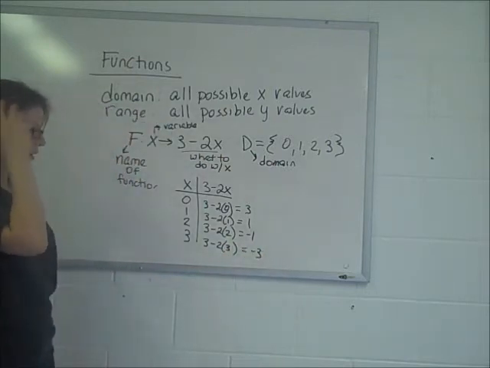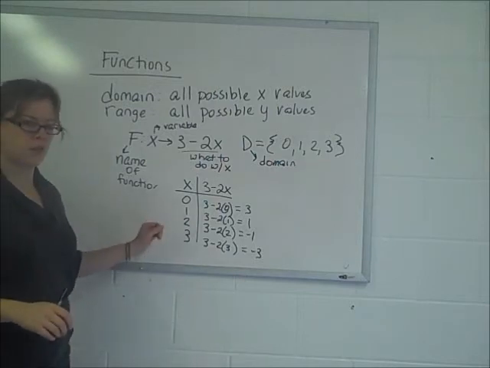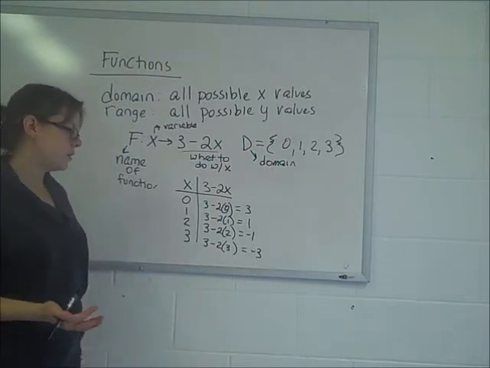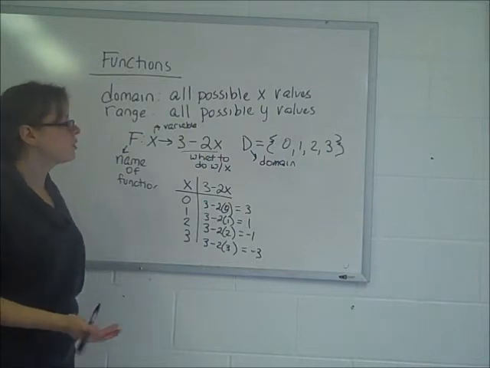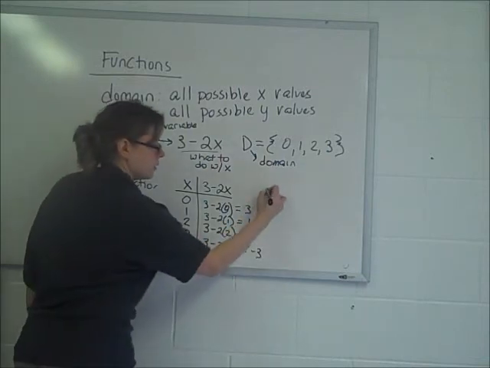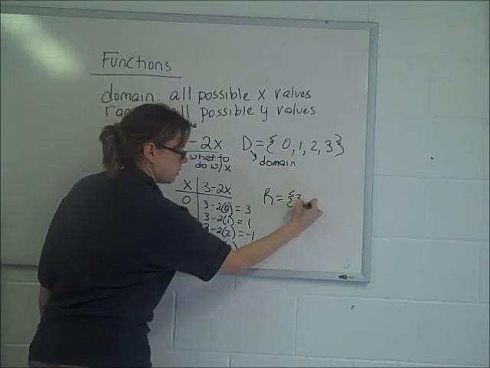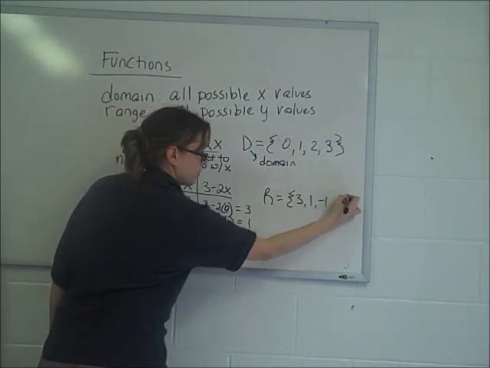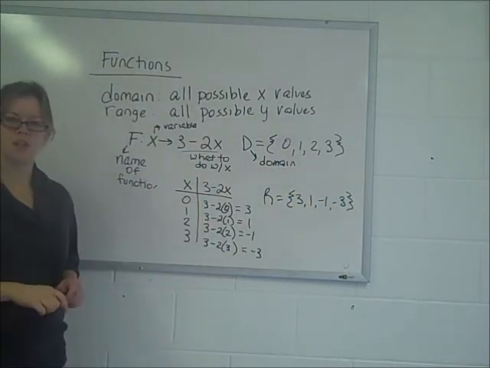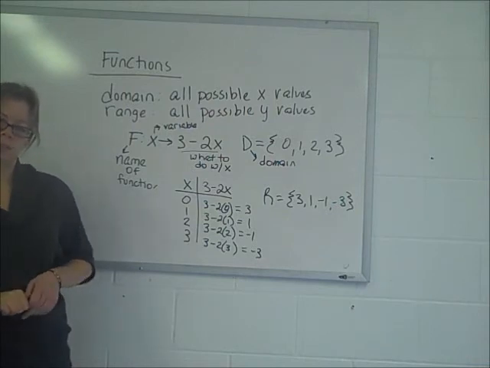So our function values, our range values for this function are 3, 1, negative 1, negative 3. You can write those in curly brackets, like this. Or you can just simply leave them in the chart. Either way will work for us.